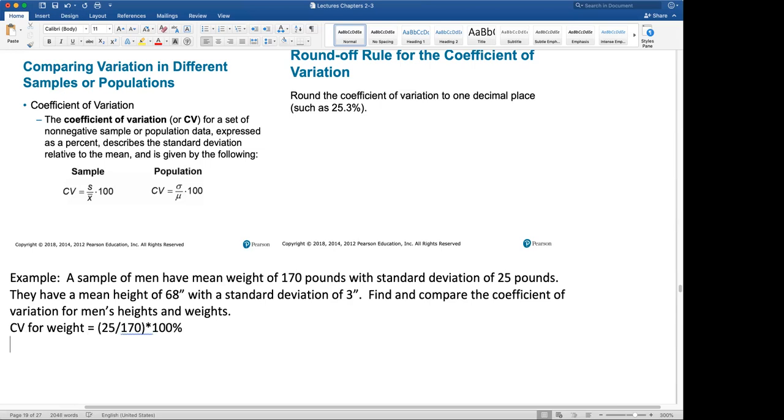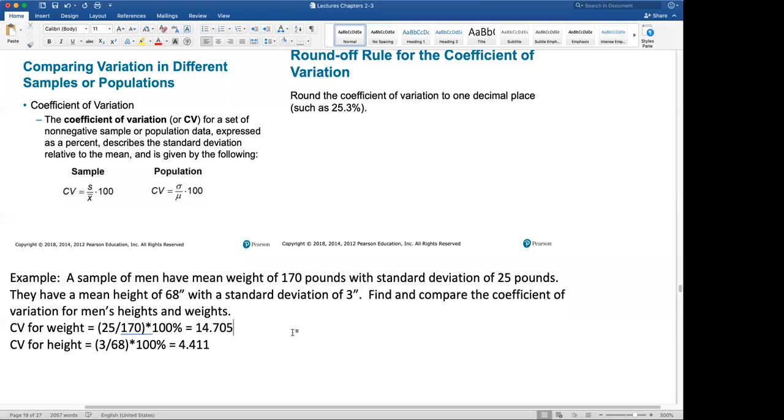Now what about the CV for the height data set? It's going to be 3 over 68, the sample standard deviation divided by the sample mean, times 100%.